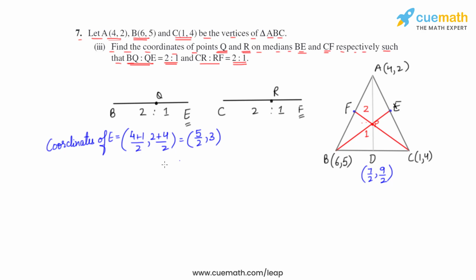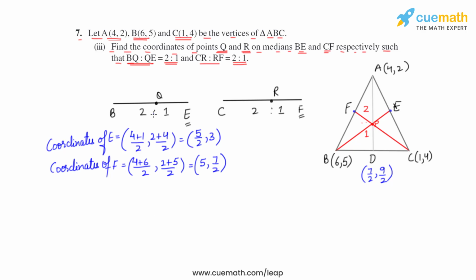And coordinates of F is equal to (4 plus 6)/2, it is the midpoint of AB, comma (2 plus 5)/2. So we get (5, 7/2).